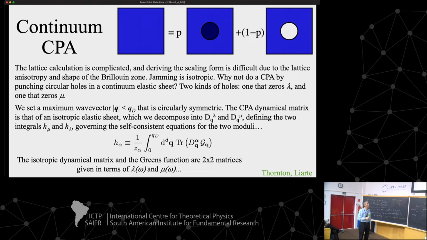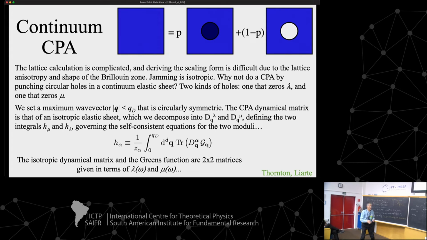But, okay? So, now remember the dynamical matrix and the Green's function. You may not have remembered, but this is in 3 dimensions, in principle a 3 by 3 matrix. But because 2 of the elastic constants are exactly the same, you can make it a 2 by 2 matrix. And G is a 2 by 2 matrix.